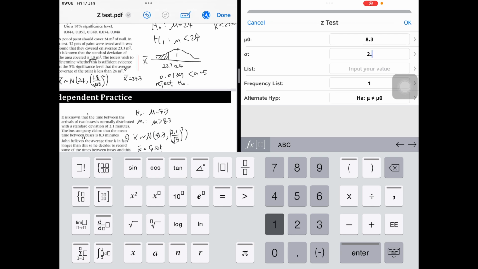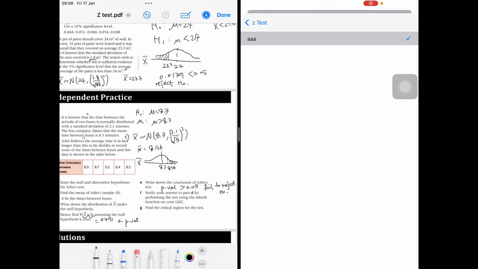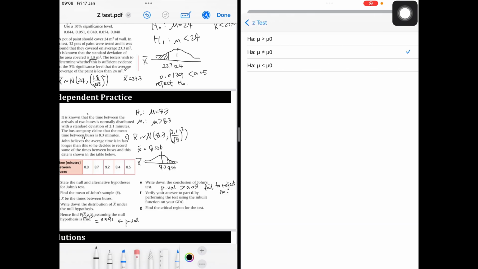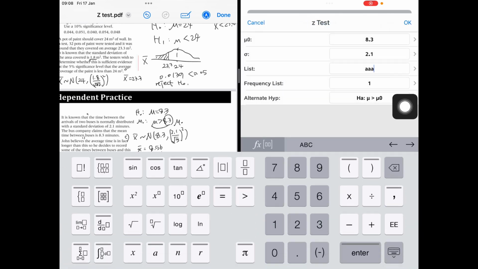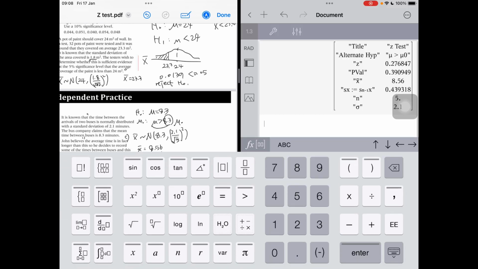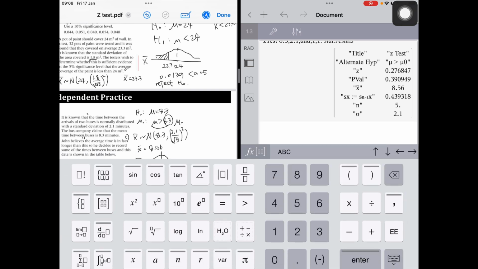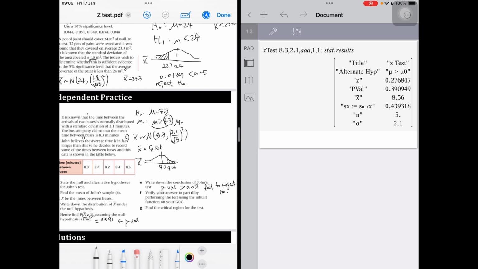This is just 2.1, and the list is AAA. The alternative hypothesis is that mu is larger than mu 0, which is the null, so we need to select this one properly, because if you don't select it properly, the result is different. We found the p-value is the same as before, so we verified it. The p-value is 0.39.